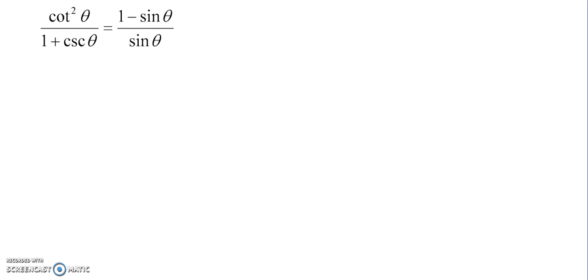I know cotangent squared can be written as cosecant squared minus 1. By our Pythagorean identities, cotangent squared theta is equal to cosecant squared theta minus 1. So that's the first piece I'm going to be using.